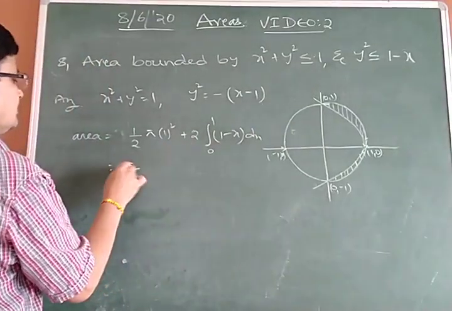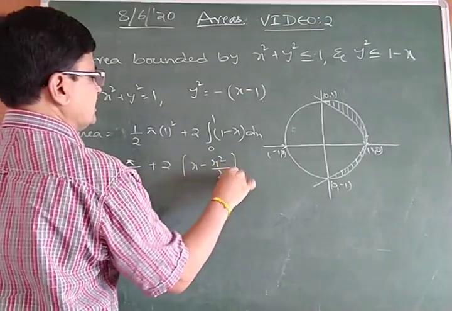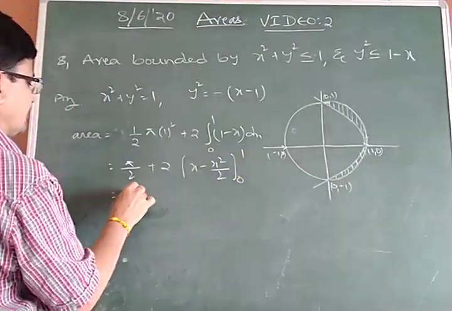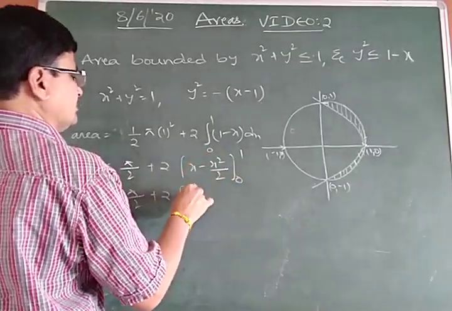This is pi by 2 plus 2 into x minus x square by 2, from 0 to 1. So that is pi by 2 plus 2 into upper limit 1 minus 1 by 2.